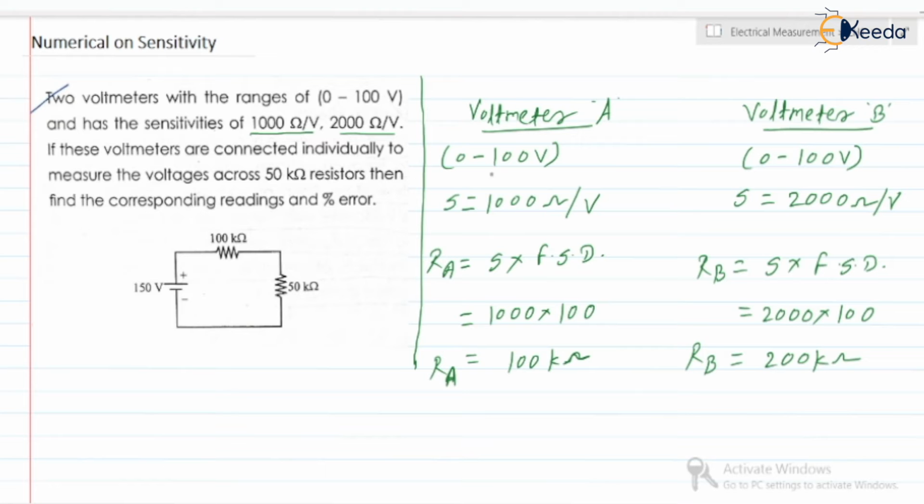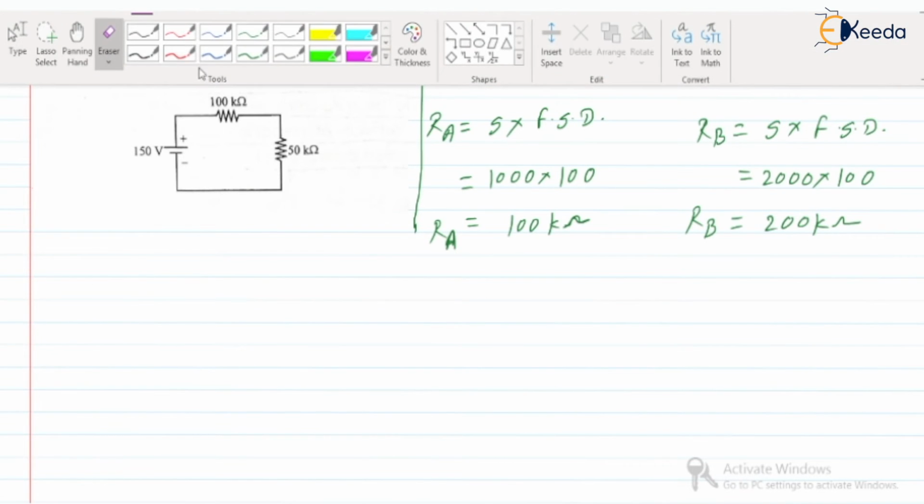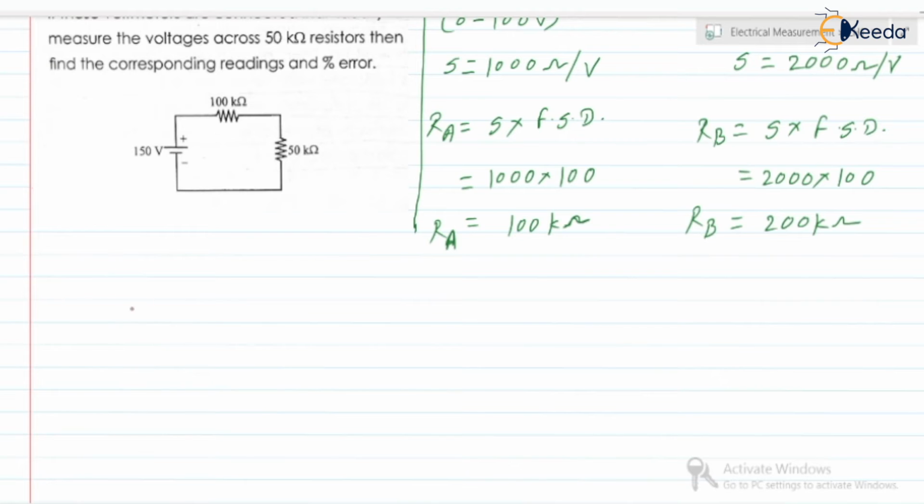Now when the first voltmeter, that is voltmeter A, is connected in the circuit, what will happen? Let us discuss. Before that, can we find the true value? For finding the true value, let us check the actual voltage across the 50 kilo ohm resistor. For that I am redrawing the circuit.